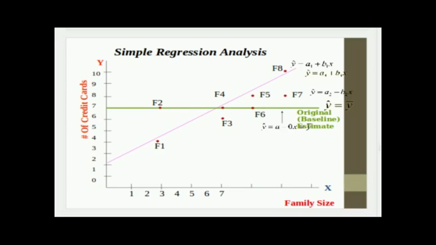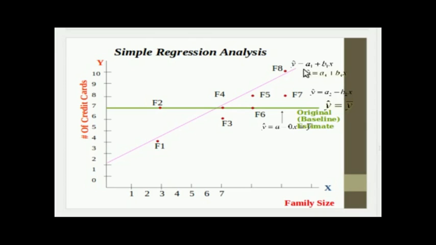Linear regression finds the straight line, called the population regression line, that best represents the observations in a bivariate data set. We know that y is the dependent variable and x is the independent variable.